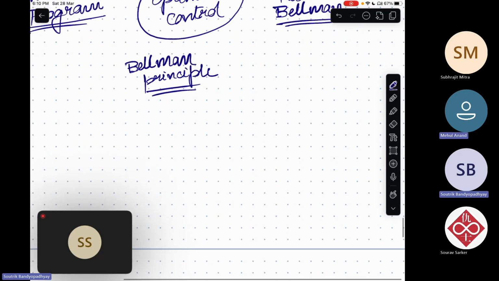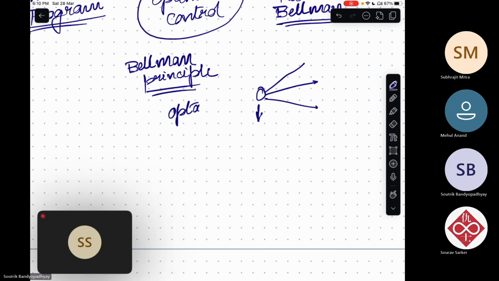So the core idea is that if you have an action to take at the current instant, right, the optimal optimal cost. So let me be specific over here.